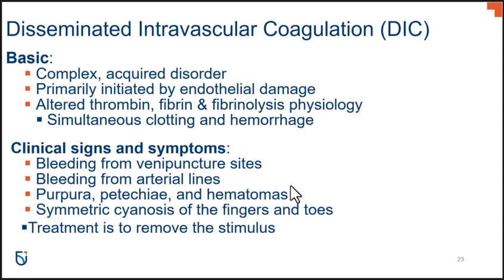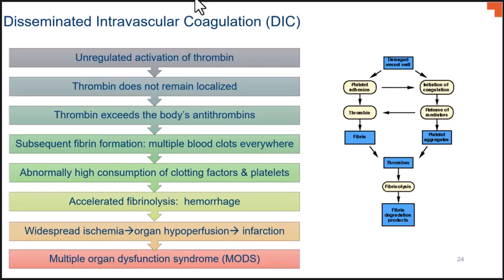And hematoma, which we know is an area of clotted blood outside of a blood vessel. Symmetric cyanosis of the fingers and toes can occur, which is a bluish color of the skin, because there's been a reduction in proper oxygenation to those distal parts of the body. Now, treatment is to remove the stimulus, or whatever condition is occurring, in order to resolve the disseminated intravascular coagulation.